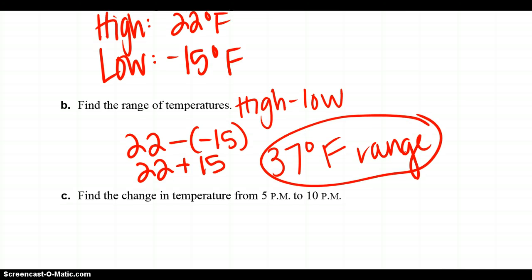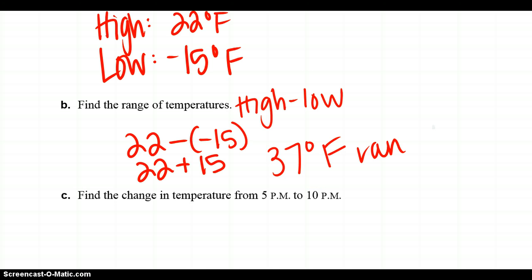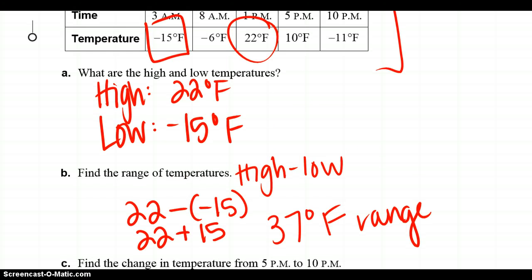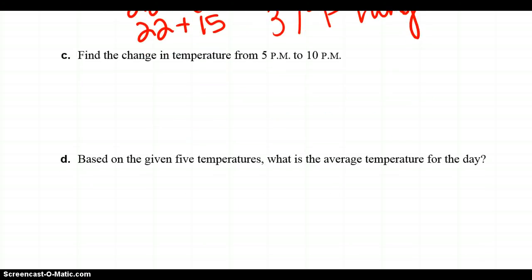Question C, it says find the change in temperature from 5 p.m. to 10 p.m. At 5 p.m. it was 10 degrees. If I'm finding the change, I need to subtract. And at 10 p.m. it was negative 11 degrees.